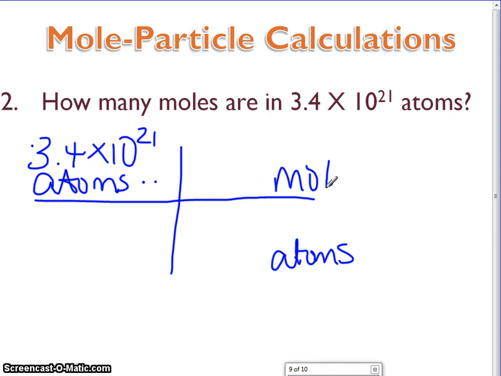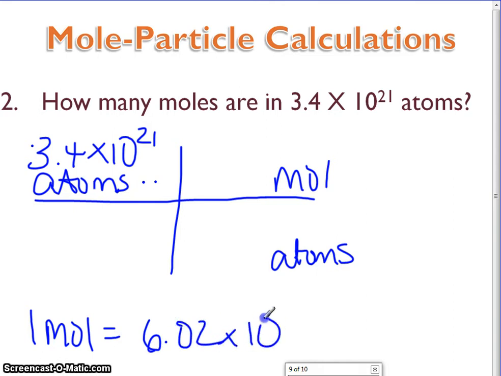Again, our conversion between moles and atoms: 1 mole of anything is going to be 6.02 times 10 to the 23rd. So 1 mole is going to be 6.02 times 10 to the 23rd.